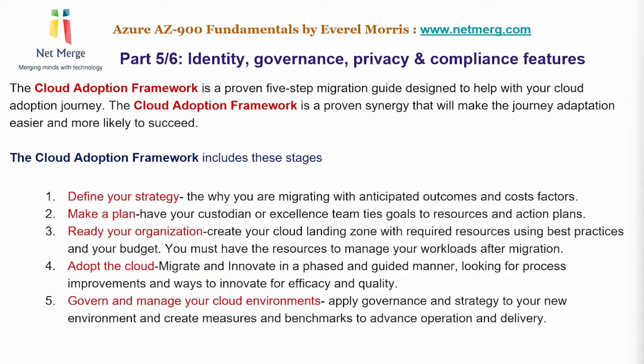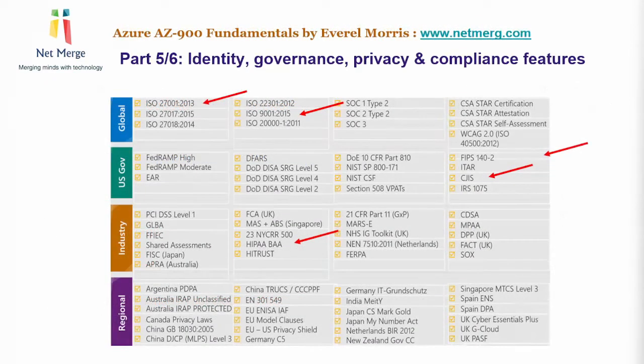And finally, you want to govern and manage your cloud environment. You want to apply governance and strategy to your new environment and create measures and benchmarks to advance operation and delivery. So if you follow these strategies, Azure is saying, based on best principles and experience, you could have a successful lift and shift into the cloud, a frictionless lift and shift, they say.